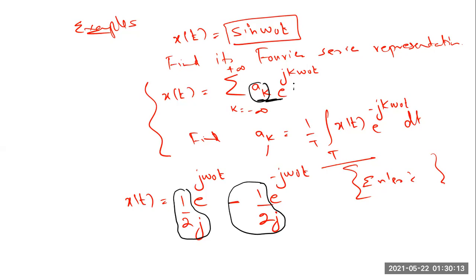If you look at this representation, this a_k is related to this k number. So over here, k is equal to 1, so this must be equal to a_1. And this is minus, so this must be equal to a_minus 1.